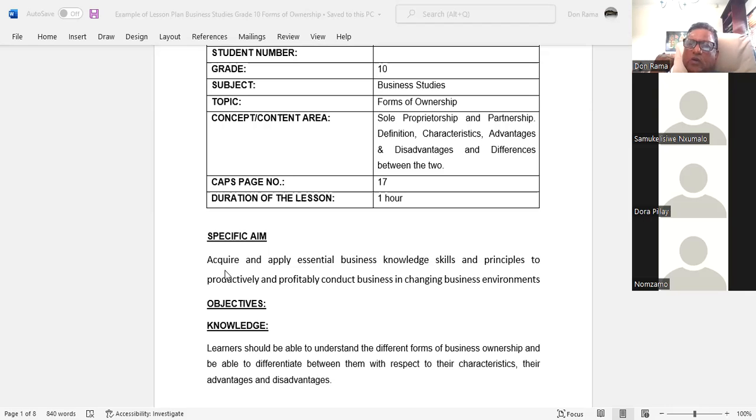Now, this specific aim: I noticed many of you wrote the specific aim on your own. I said to you, the specific aim is taken directly from the CAPS document for the subject, which in this case is called business studies.